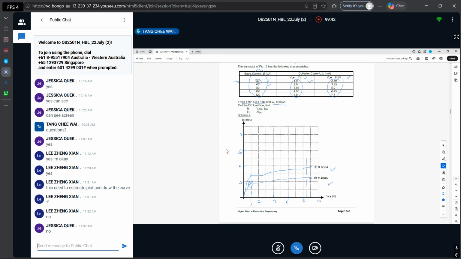So 8.5 and 2.7 should be around here. I project again all the way to 2.7.